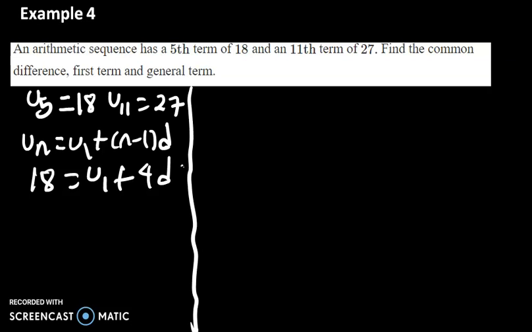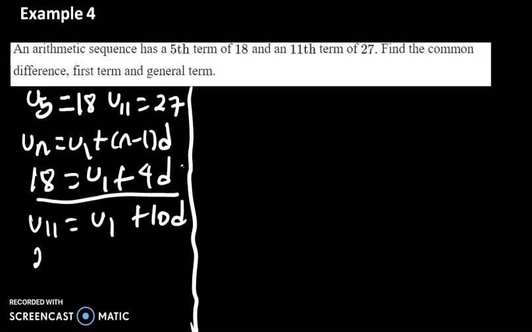And that's our first equation. So let's find our next equation by using u11. So u11 becomes u1 plus 10d. Since we know u11 is 27, we can simply write 27 equals u1 plus 10d.